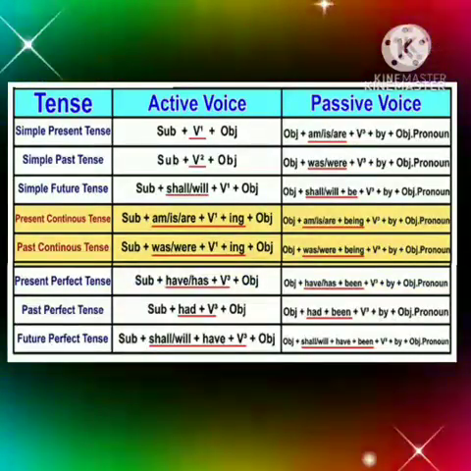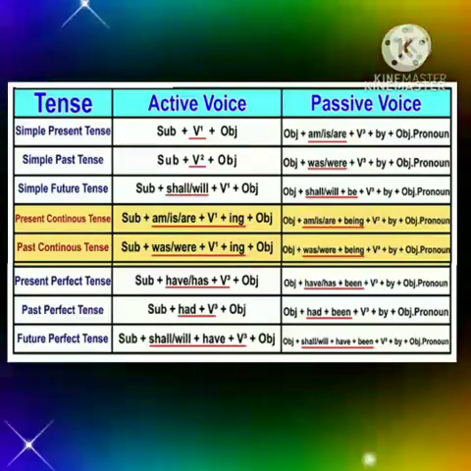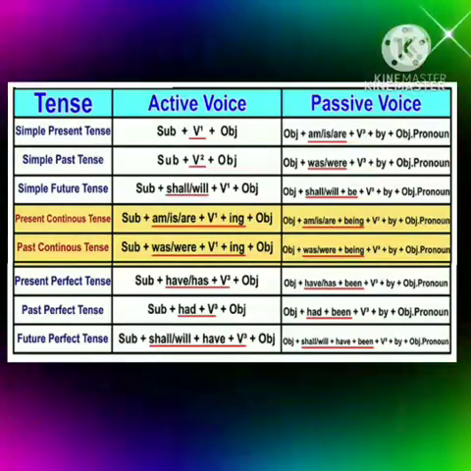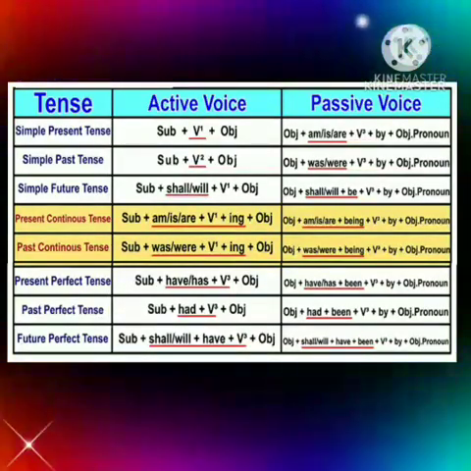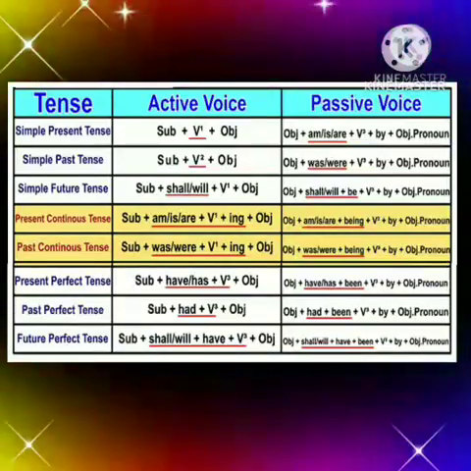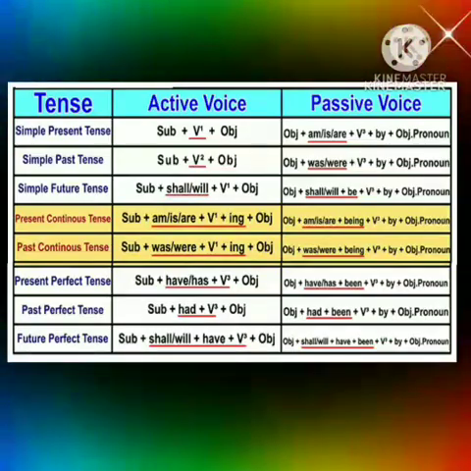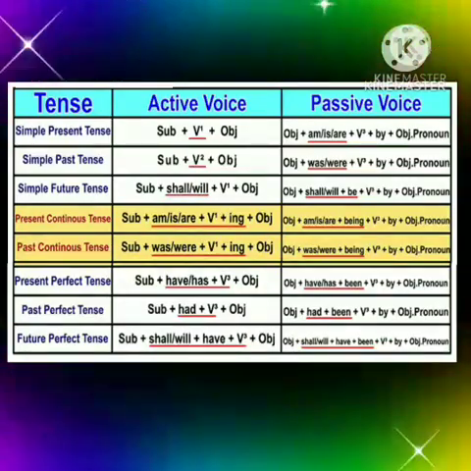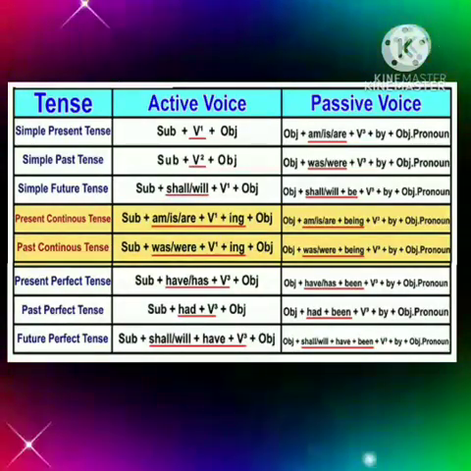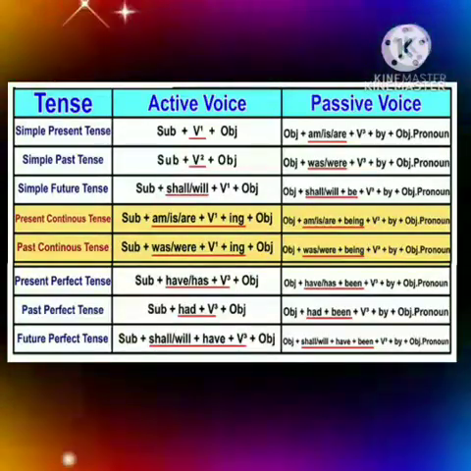Let me repeat all again. See this table. Simple present tense, verb or verb plus s or es, in passive form, am, is, or are plus V3. Present continuous, am, is, or are plus verb plus ing, in passive form, am, is, or are plus being plus V3.